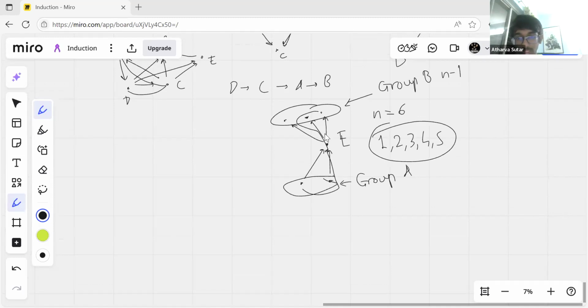No, we're taking group A as the set of cities such that they're going to E. You cannot have a path going from E to anything in group A. Yeah, A is defined like that.